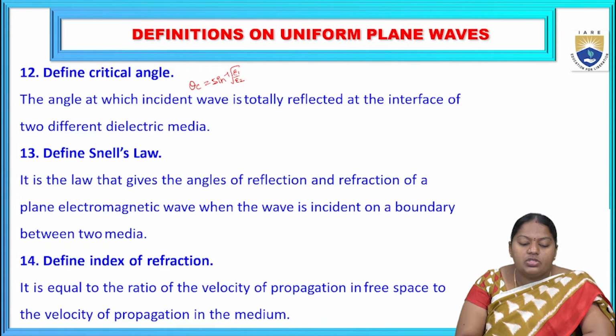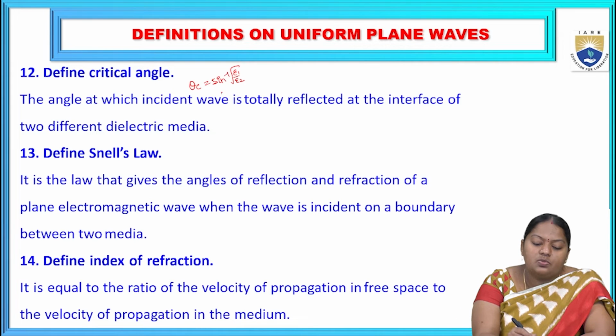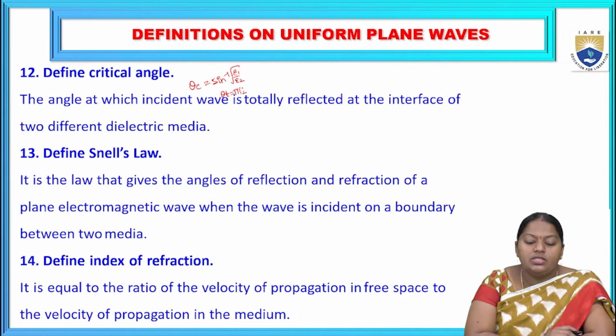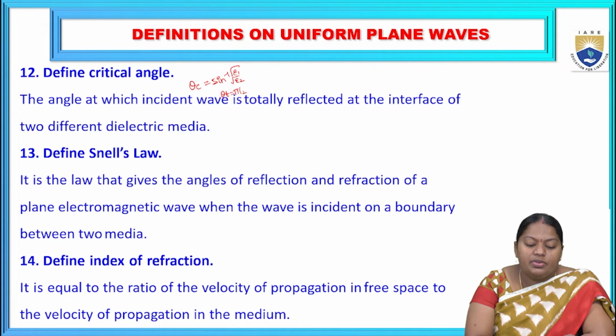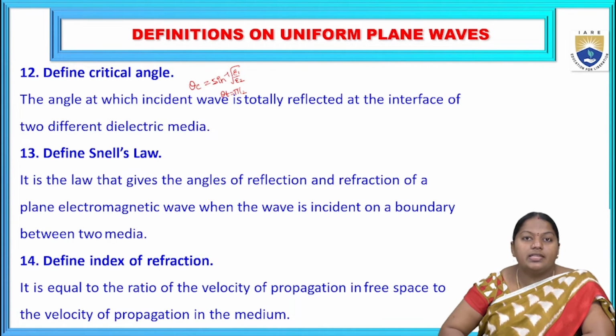The angle at which total internal reflection takes place means that the transmitted wave angle theta 2 is considered as pi by 2, and the incident wave angle theta I is considered as theta c. Then the critical angle can be defined as the angle at which total internal reflection takes place, or the angle at which an incident wave is totally reflected at the interface of two different dielectric media.